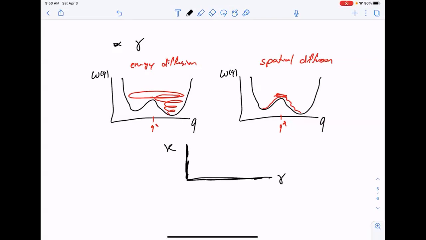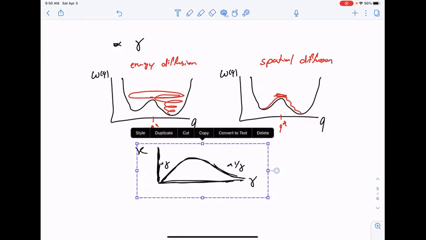Now, if the transmission coefficient, which embodies those dynamical corrections to the rate, initially goes proportional to gamma, but eventually goes inversely proportional to gamma, it must mean that there's a maximum in between. And indeed, this is the case.